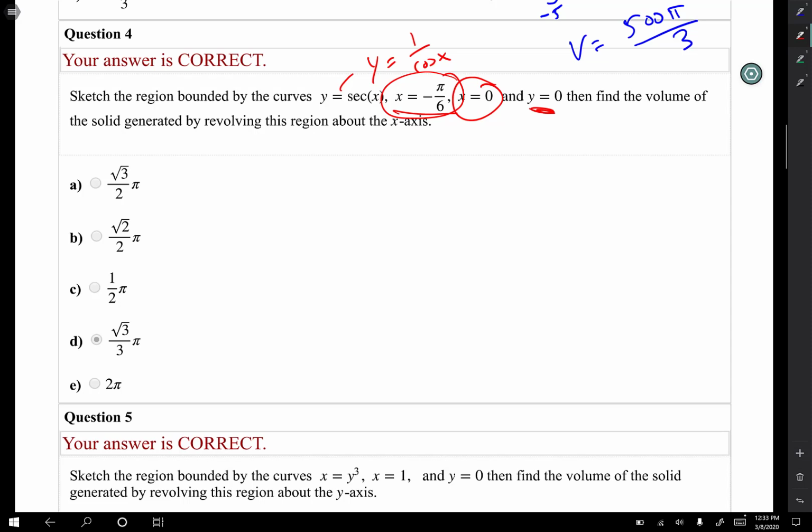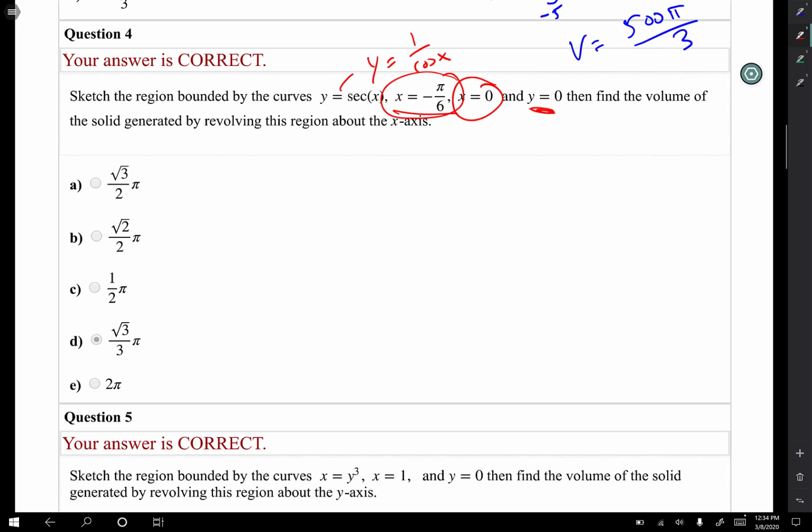If you plug in pi over 6 into cosine, that's square root of 3 over 2. And square root of 3 over 2 squared is 3 over 4. But negative, right? Because it's negative power. No, it's positive. Y min, Y max, Y1, 1 over cosine.